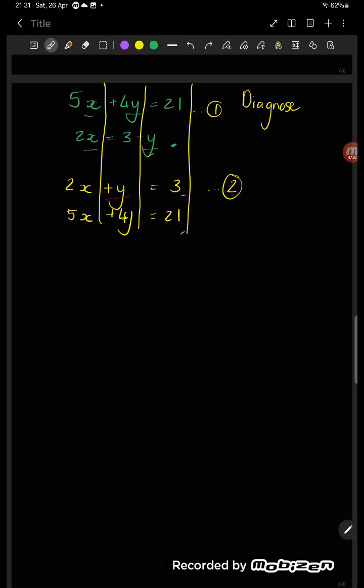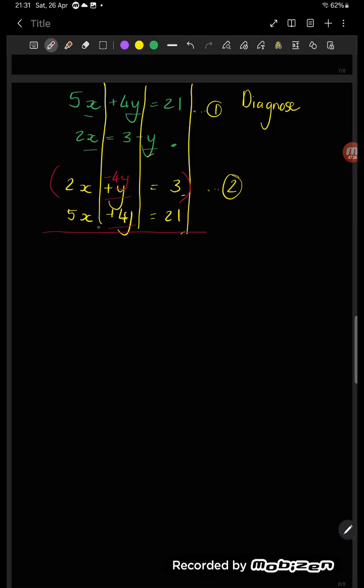So I've got a y here, and I've got a 4y here. What if I times this whole equation by a minus 4? Well, if this was times by minus 4, what would it give us? It would give us minus 4y.